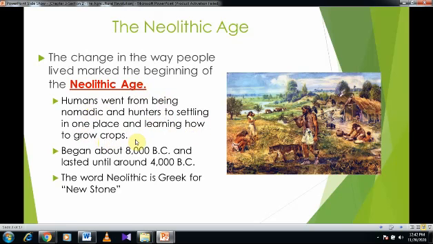It began about 8000 BC and it lasted until around 4000 BC, which means that the Neolithic age lasted for 4000 years. As we said previously, the word Neolithic is Greek and it means the new Stone Age. Why do we call it new? Because they changed from nomads and hunters to settlers, or they changed from hunting and gathering into farming.